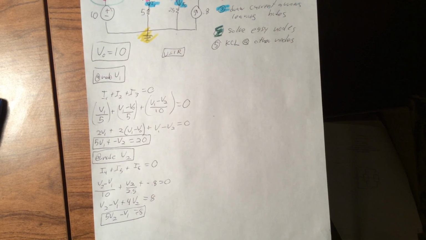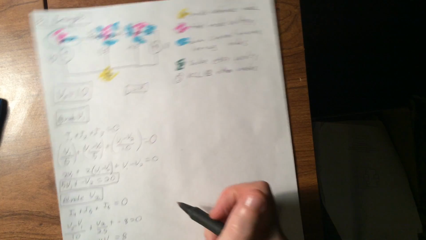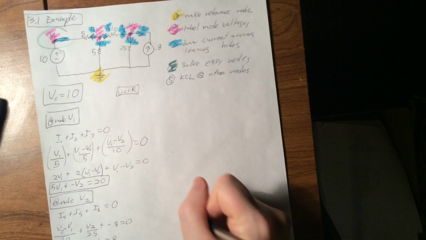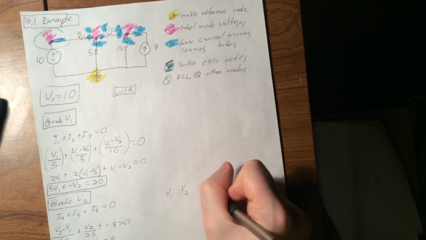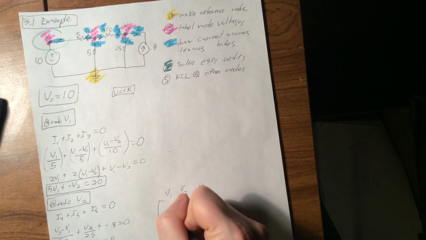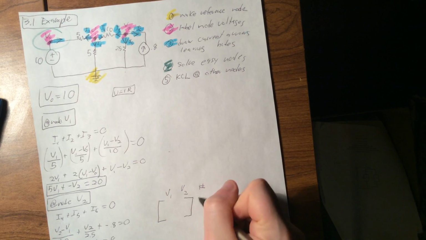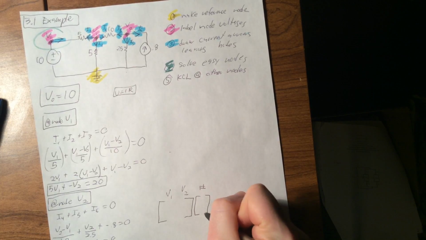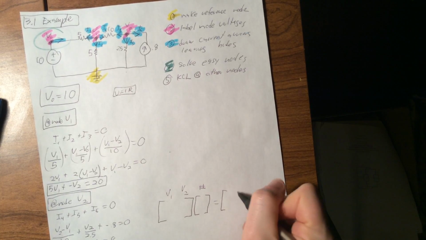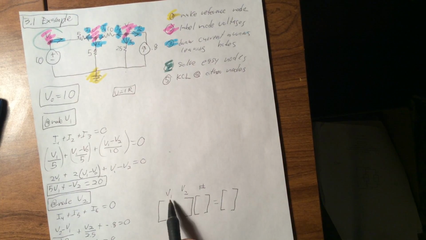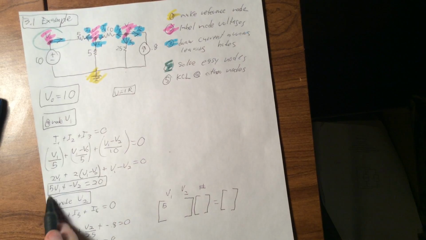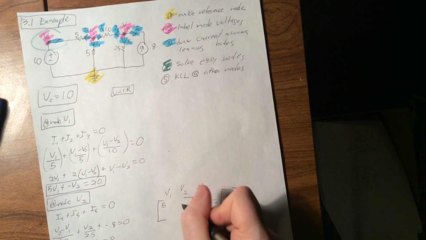So now to solve this thing, we're going to do our little matrix thing. V1, V2, number. So we've got our box for this equals box for this. Okay? So now our V1s, we got 5 V1 from this one. We've got minus 1.